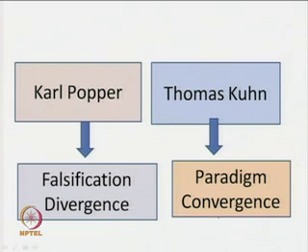The other important philosopher, as you saw, was Thomas Kuhn, according to whom science progresses by paradigm shifts. And if Popper talked about the trajectory of science being divergent, Kuhn referred to the trajectory of science being a convergent one.